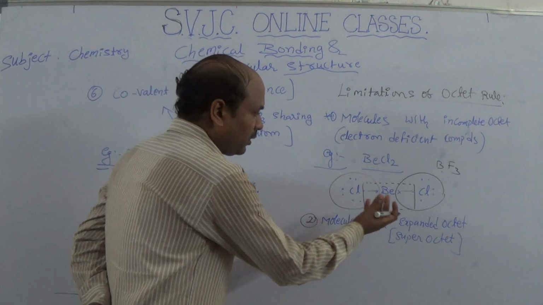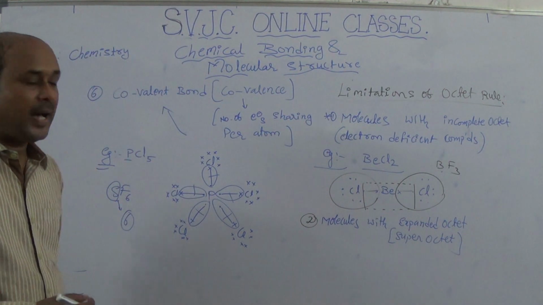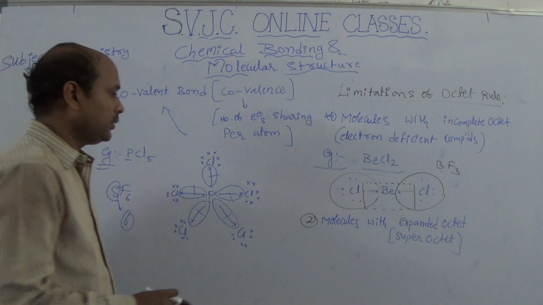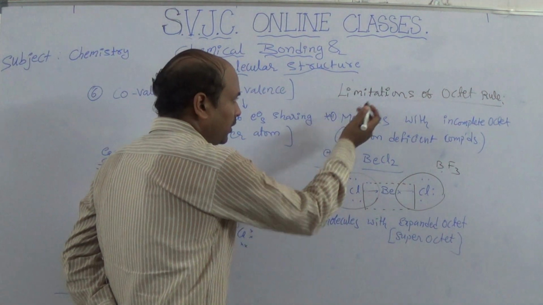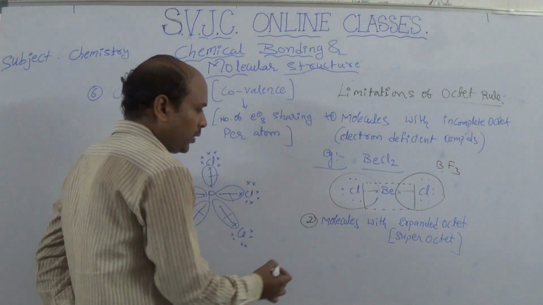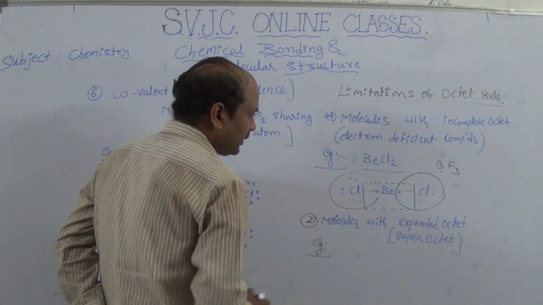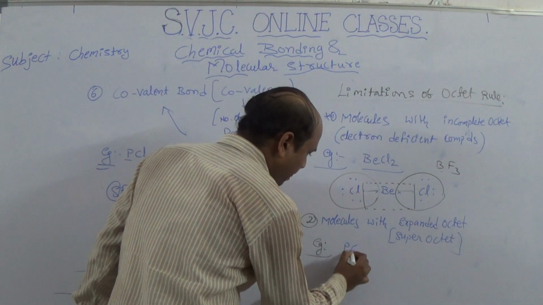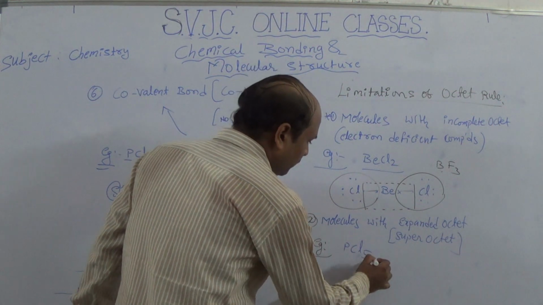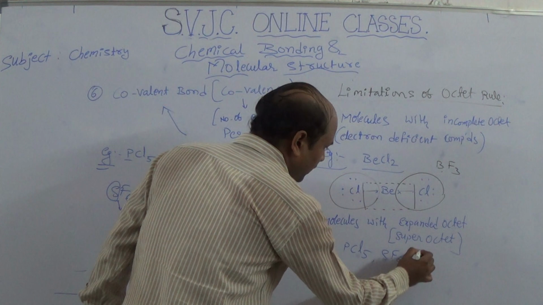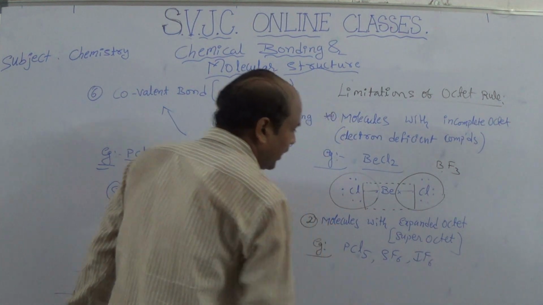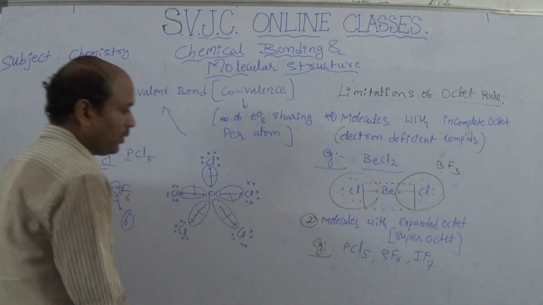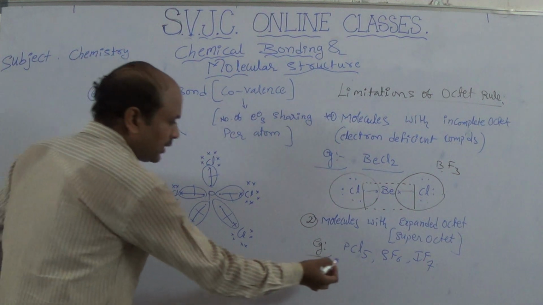It indicates that more than 8 electrons are present around the central atom in certain compounds. These compounds are also examples of limitation of the octet rule. I am taking one example here: PCl5. One more example is SF6. One more example is IF7.